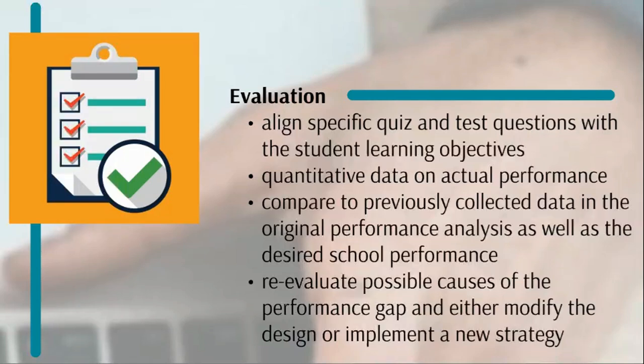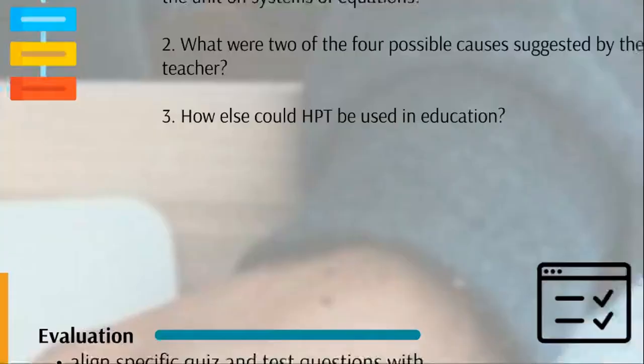The correct results will be tallied to give quantitative data on actual performance. Results will be compared to previously collected data in the original performance analysis, as well as the desired school performance. If the desired performance is unmet, the instructor plans to reevaluate possible causes of the performance gap and either modify the design or implement a new strategy.